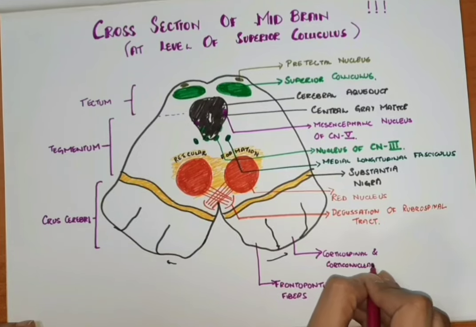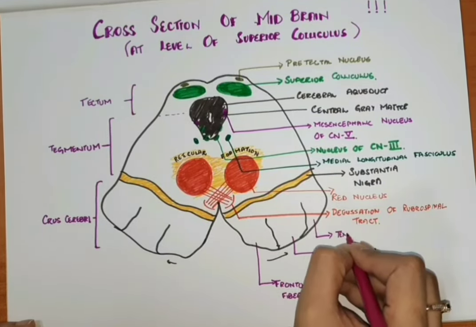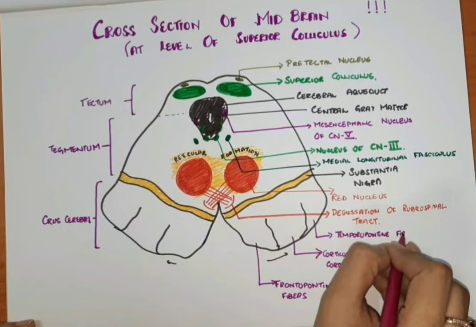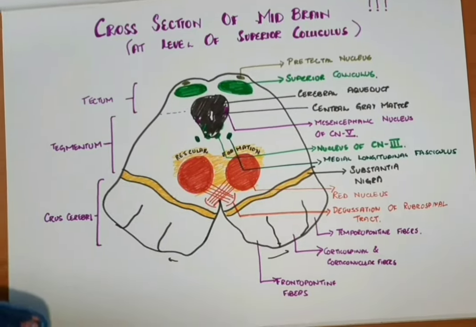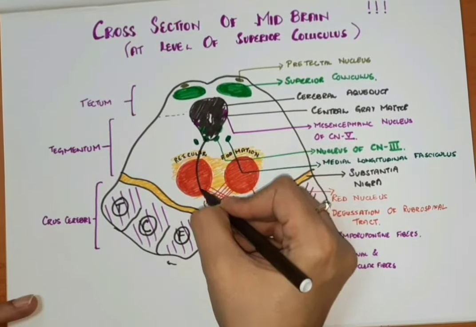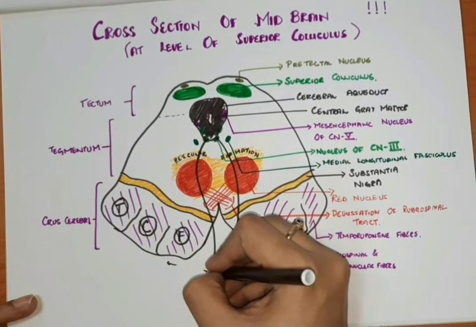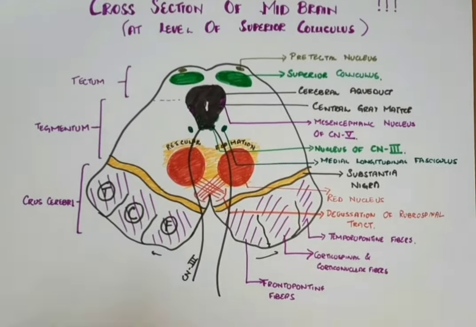And lateral to this is the location of temporopontine fibers. So FCT is the arrangement from medial to lateral: frontopontine, corticospinal and temporopontine. The oculomotor nerve emerges passing from the red nucleus, and it appears on the ventral aspect in the interpeduncular fossa between the crus cerebri.